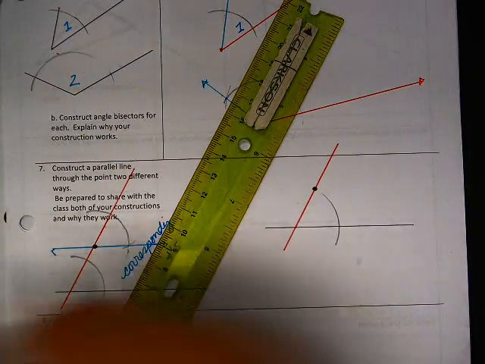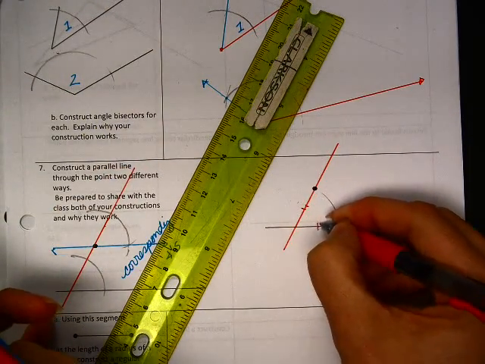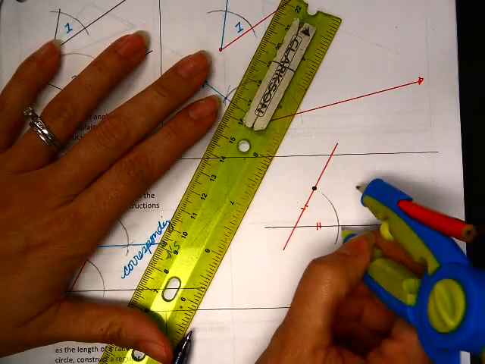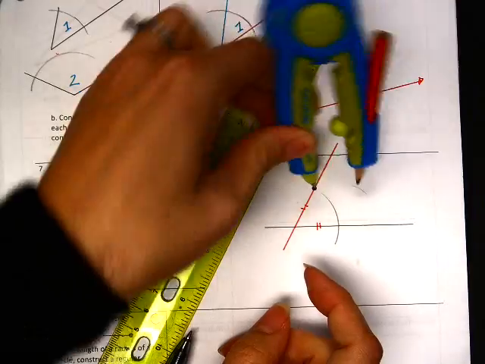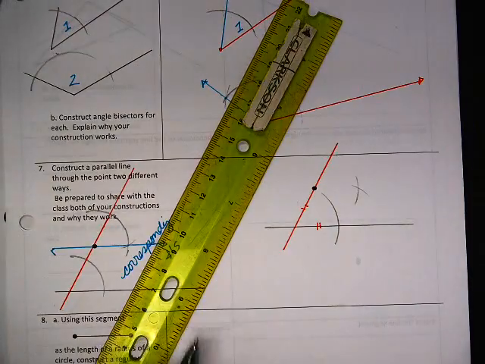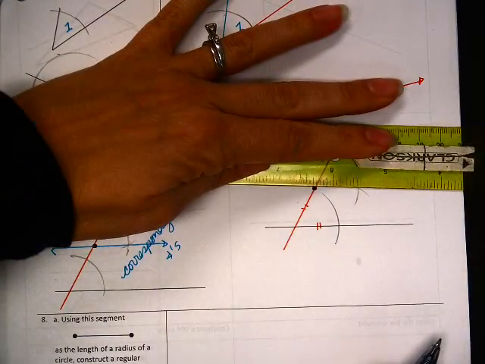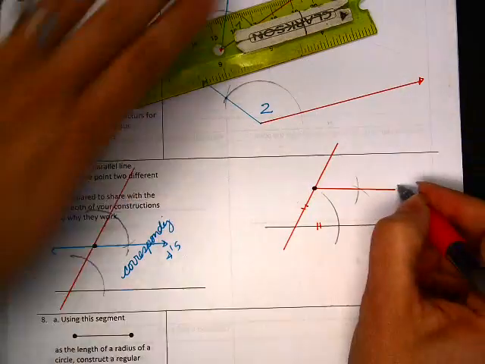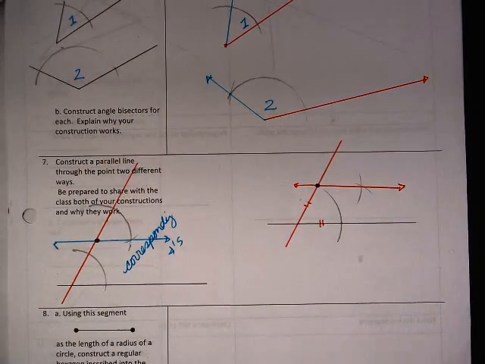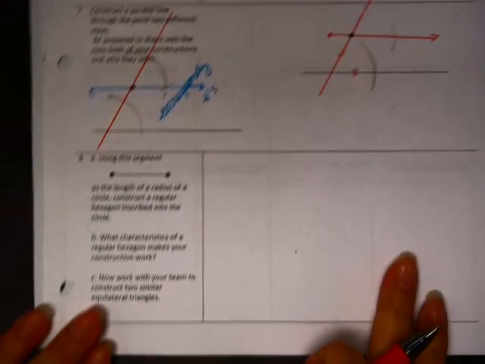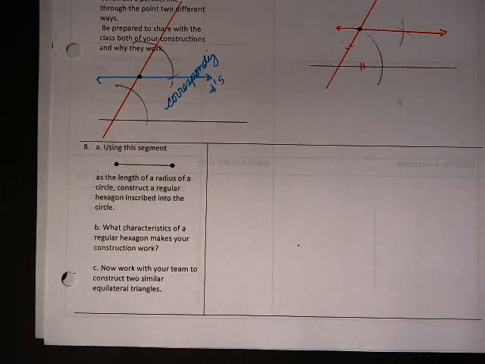So this would be the length, the same length and the same length. And then I would just need to copy the same length and same length. 2 completely different approaches to doing this, but both of them are just fine in terms of creating our parallel lines.